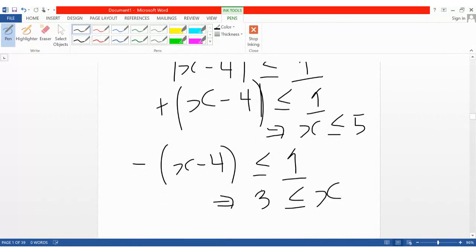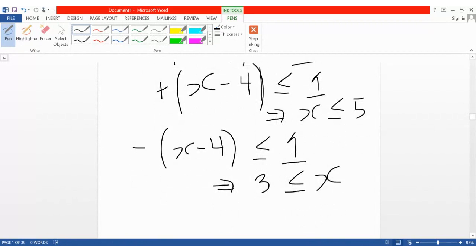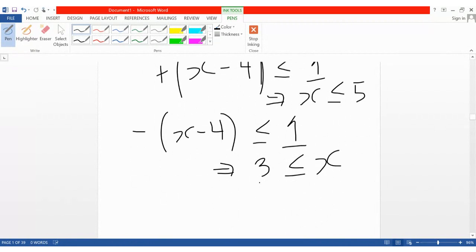So we can join these two together. The bigger number is what? 5. And the smaller number is what? 3. So is it okay up to there?